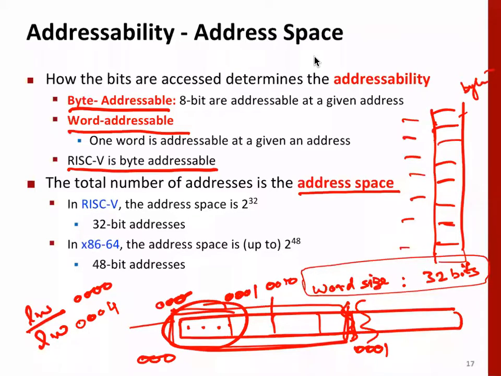How many addresses are allowed to be read in the memory? In machines like RISC-V it is usually 32, because the address size is 32 bits.